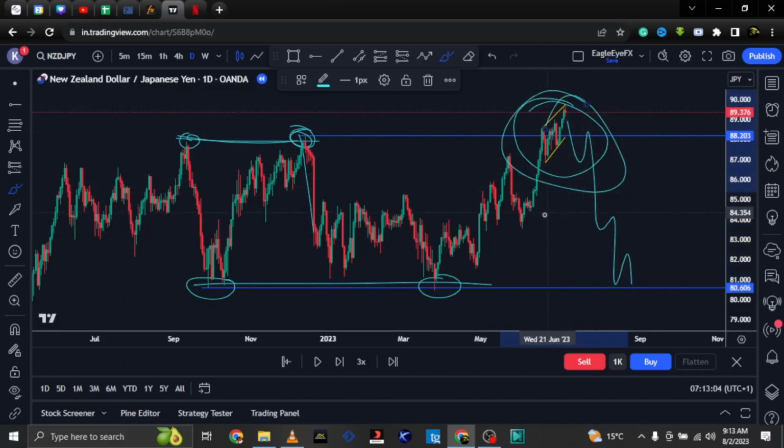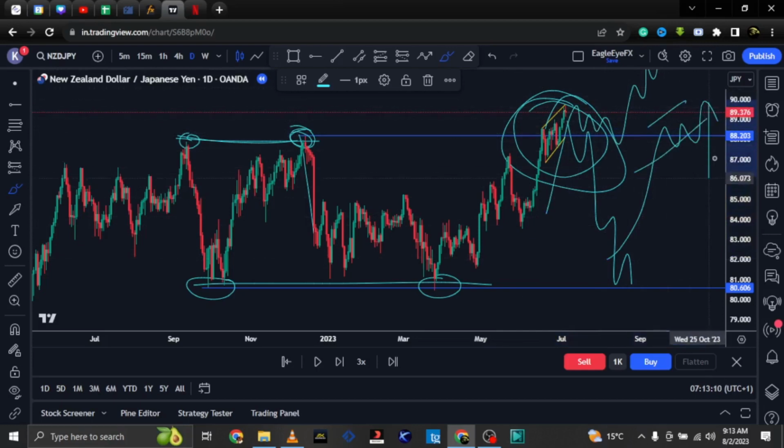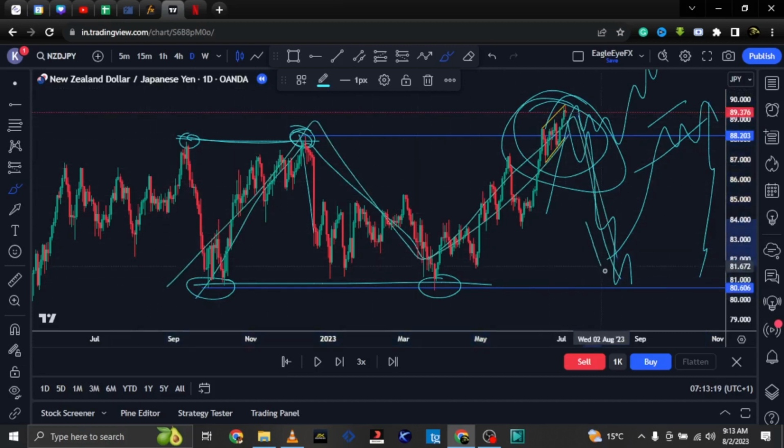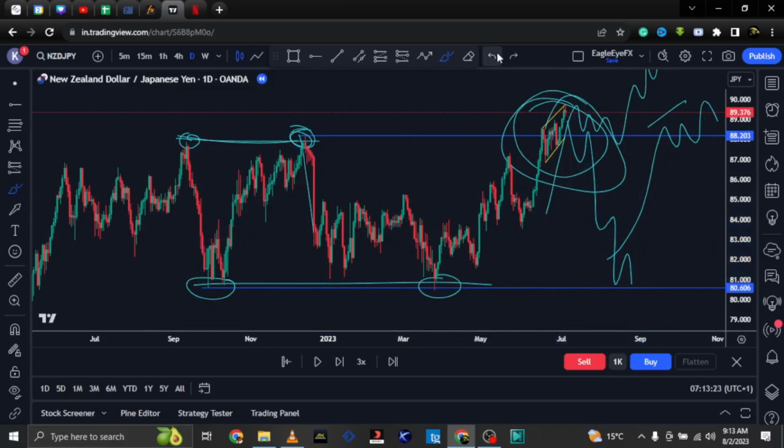This market can break, retest and continue, or the market can give us a reversal pattern and then come back. Also, you can see that we had this over here, almost like an M. We are looking to see if we get some selling opportunities to the downside.